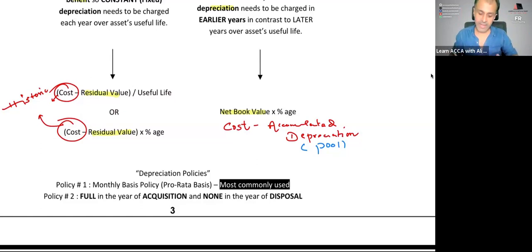Now, every time the depreciation is charged, the pool balance will rise. You put more water in the glass, ultimately the level of the water in the glass increases, or not?